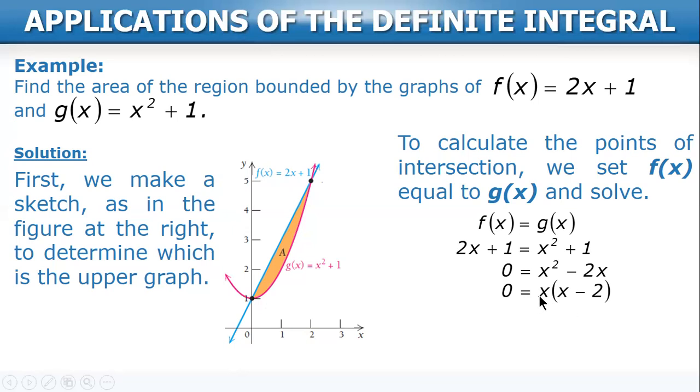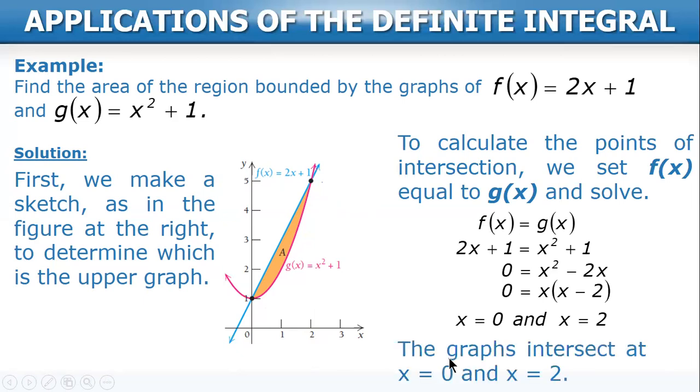So it's either x is equal to 0 or x minus 2 is equal to 0. So x minus 2 equal to 0, therefore x equals 2. Okay. So first point of intersection, x equal to 0, y equals 1, and x equals 2, y equals 5.